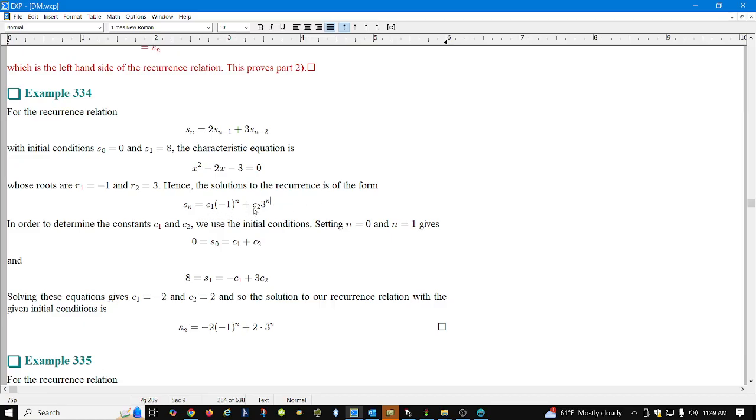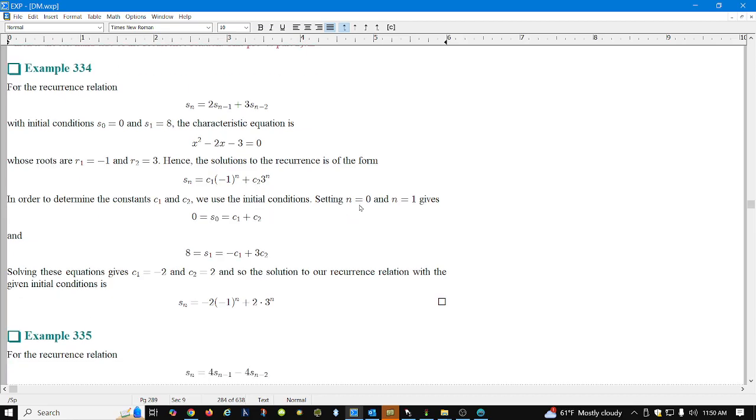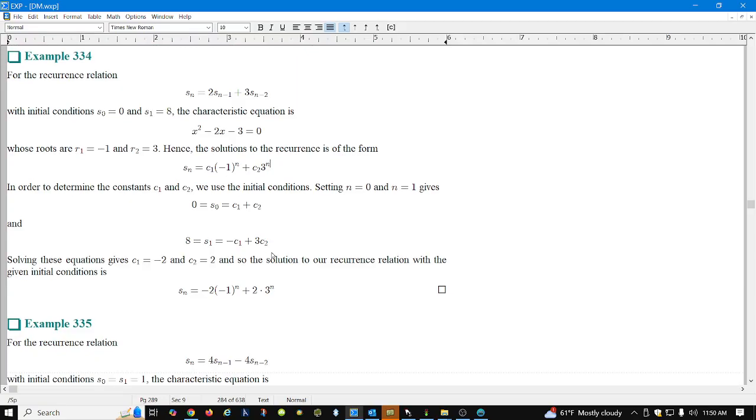And in order to determine the two constants, we need to use the initial conditions. So when n equals 0, we have S naught equals 0, so 0 equals S naught equals C1 plus C2. Similarly, for S1, we get this equation.